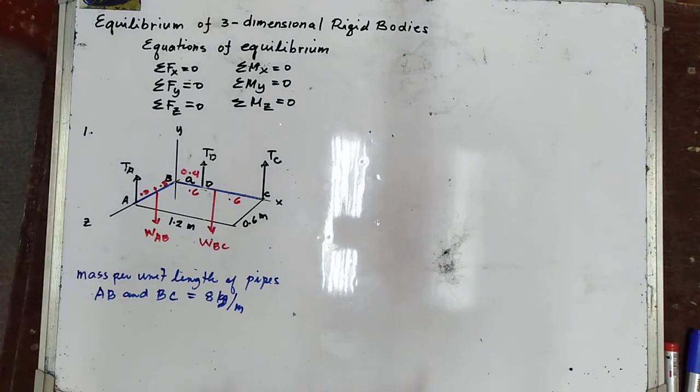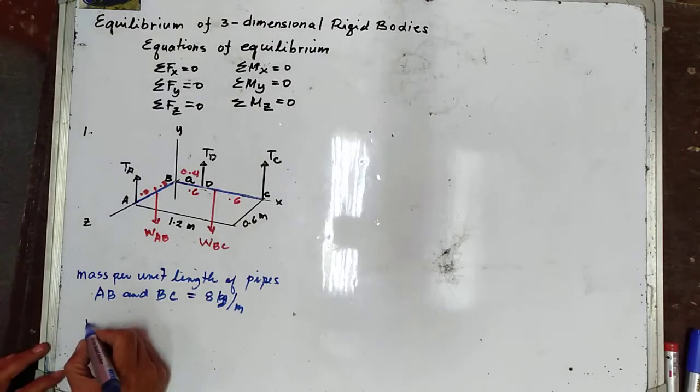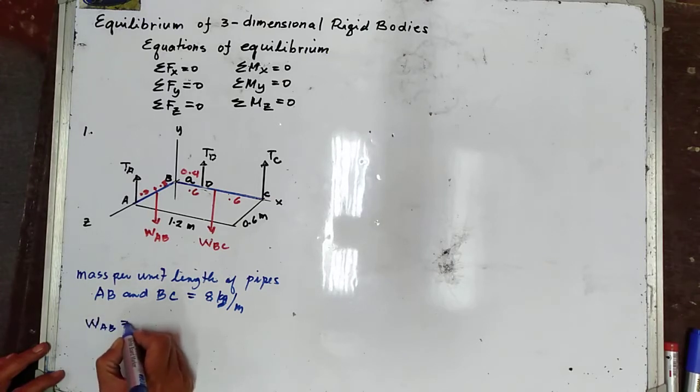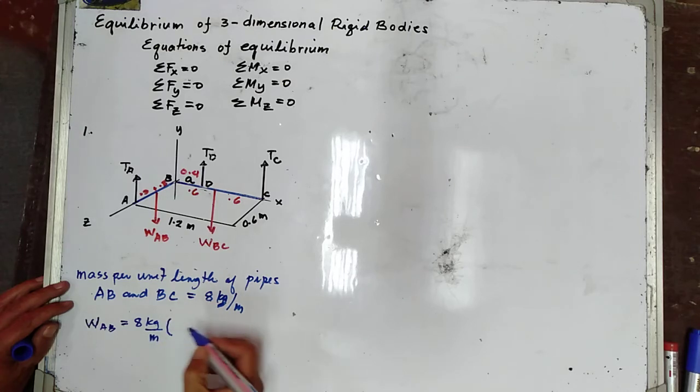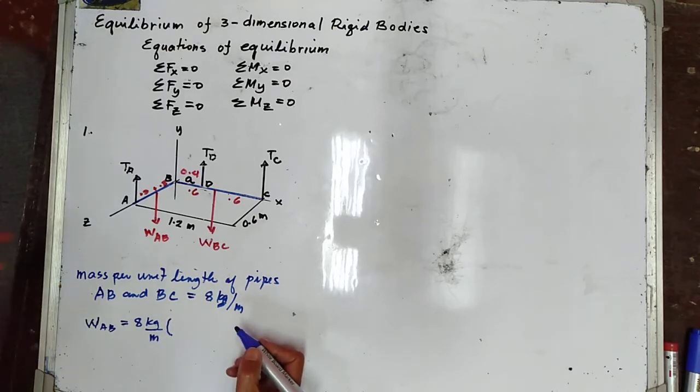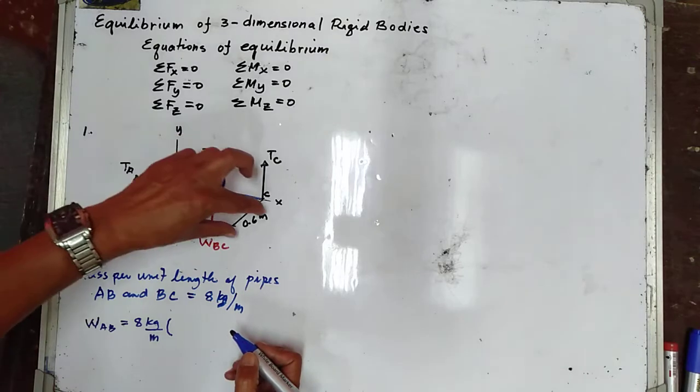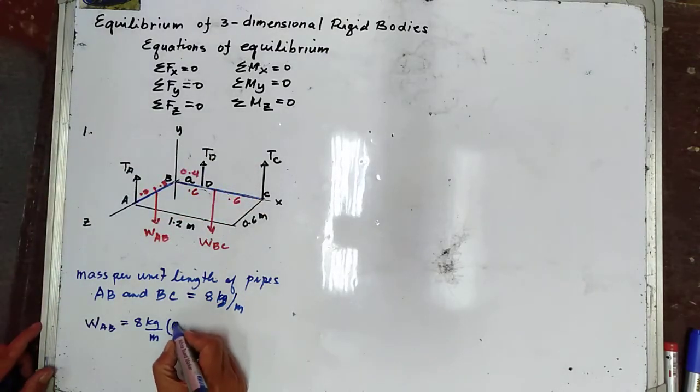So first, let us determine your weight AB. How are we going to determine your weight AB? Your weight AB, the mass per unit length, is 8 kilograms per meter. Let us multiply this by the length of AB, and the length of AB is 0.6 meter.